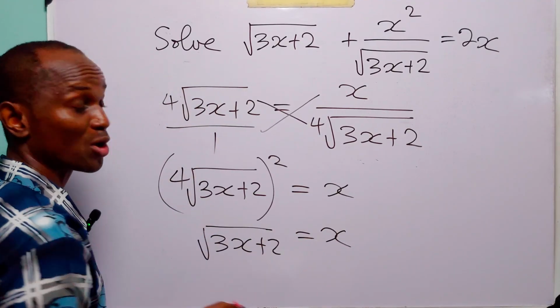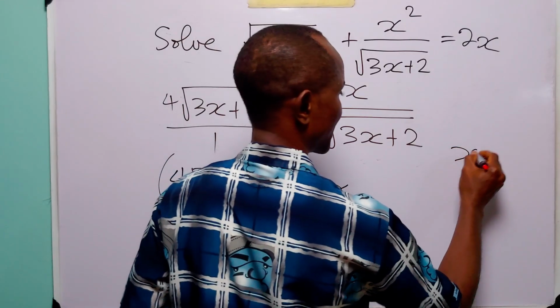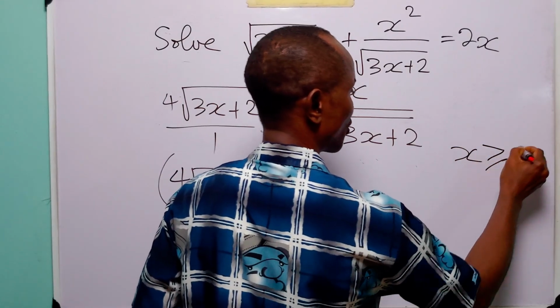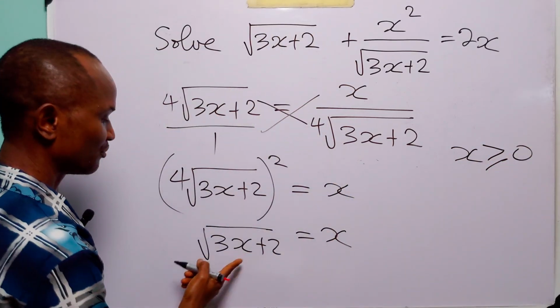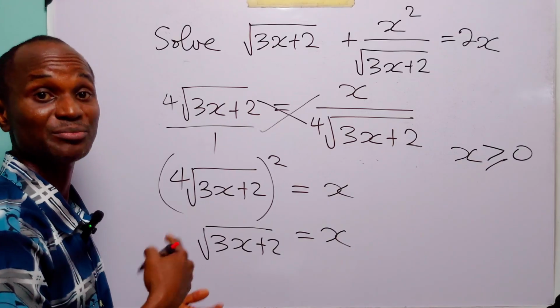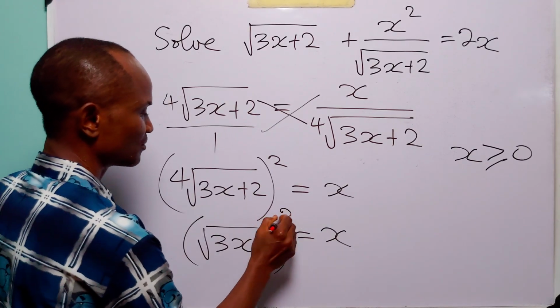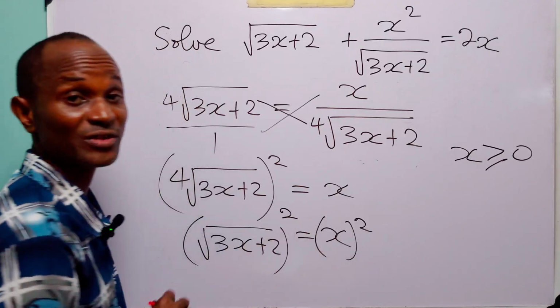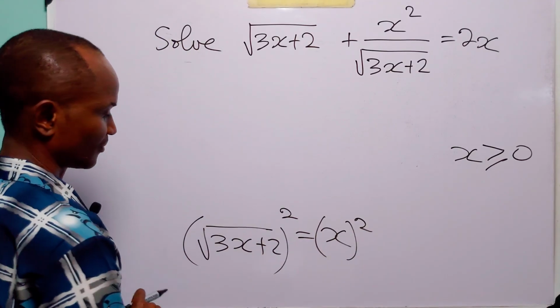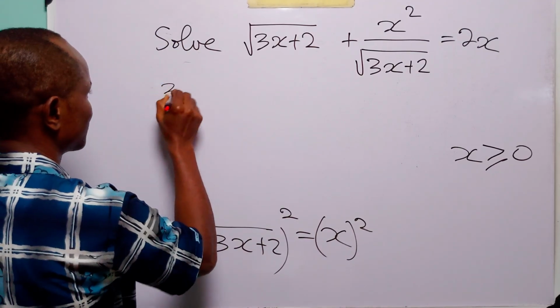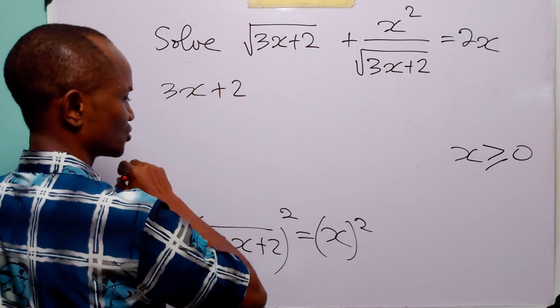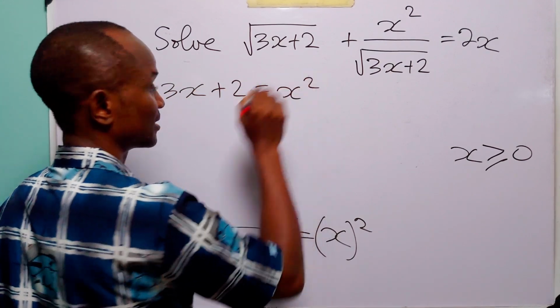At this point, we must note that x must be greater than or equal to 0 because a square root must be positive. Now, the next thing we are going to do is to square both sides of this equation. Doing this, we have that 3x plus 2 is equal to x squared.